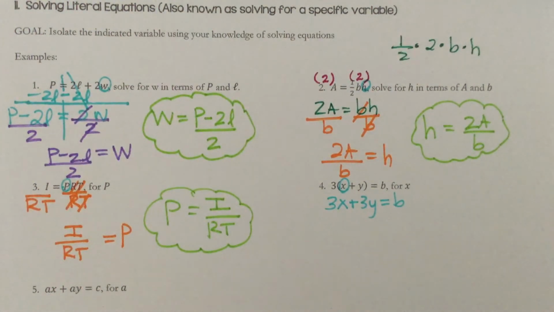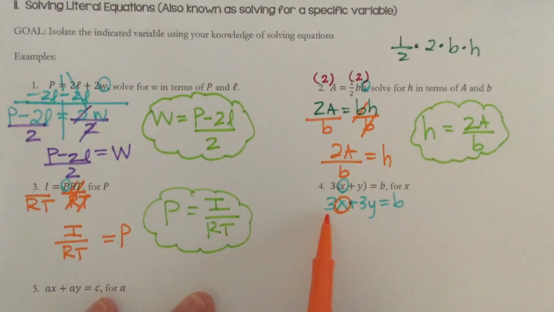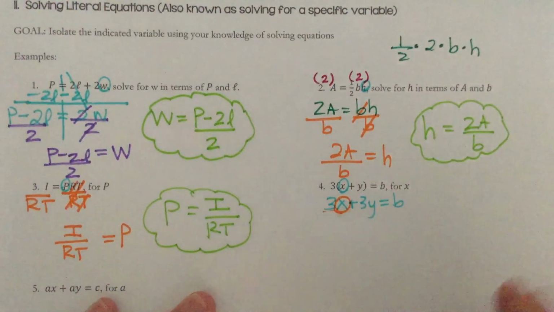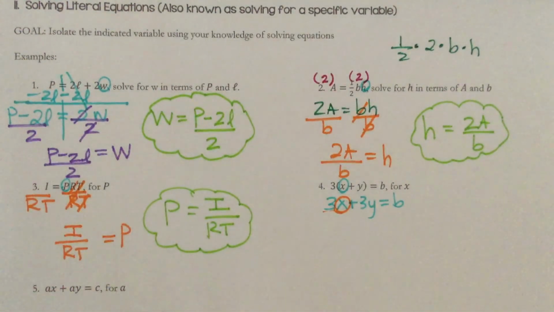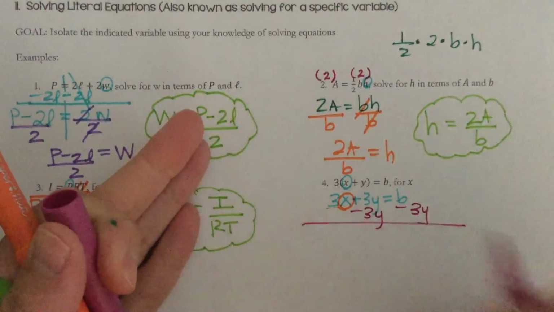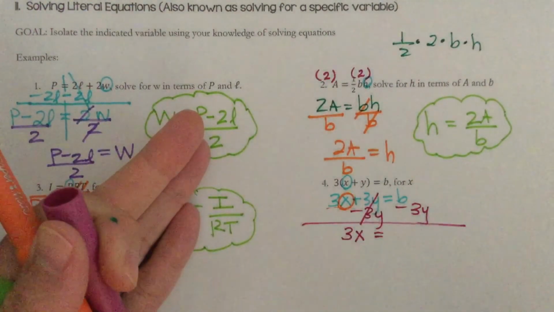Next step, move anything over by addition or subtraction. If I am trying to get the x by itself, I'm going to ultimately need to move this 3, which is multiplying the x, and I'm also going to need to move this 3y, which is being added. So step 1 there, we're going to get rid of the 3y. 3y and 3y cancel, so on the left-hand side, 3x is left.